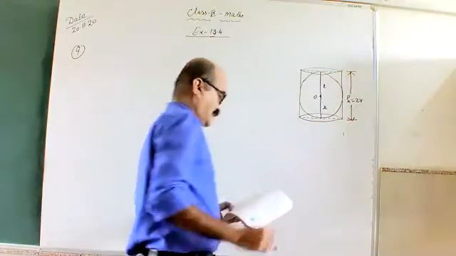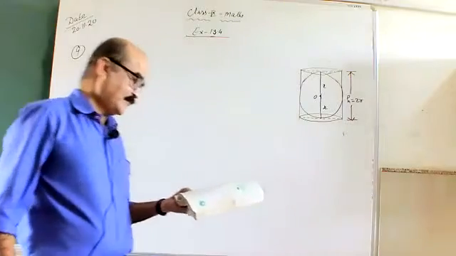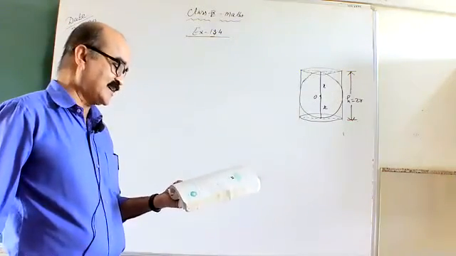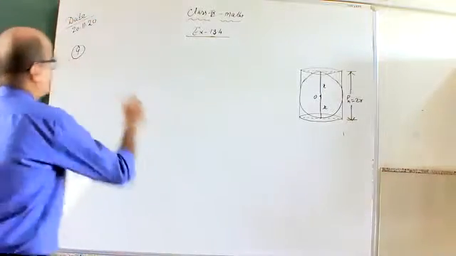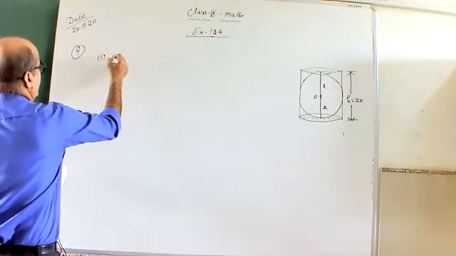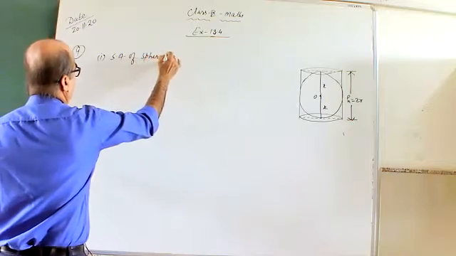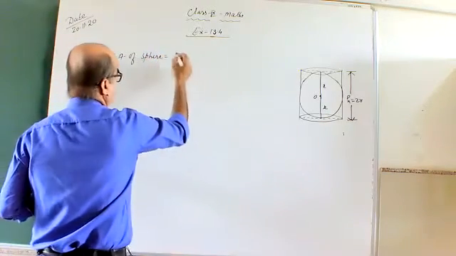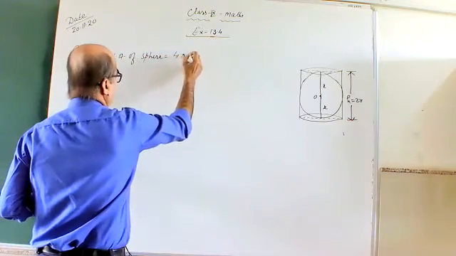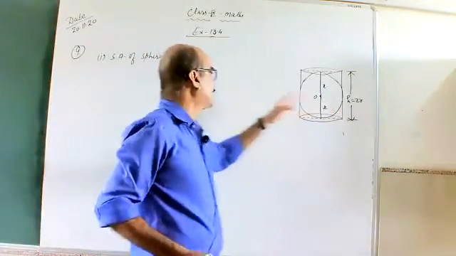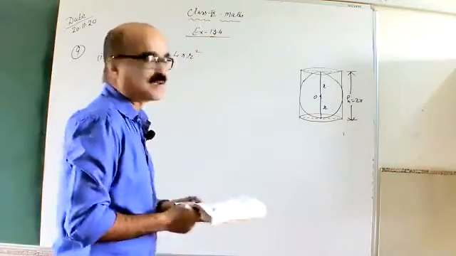What we need to find is the ratio of the surface areas. First, the surface area of the sphere is 4 pi r square, since the radius is r.